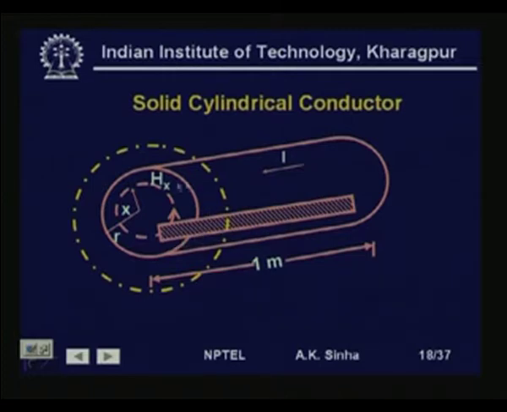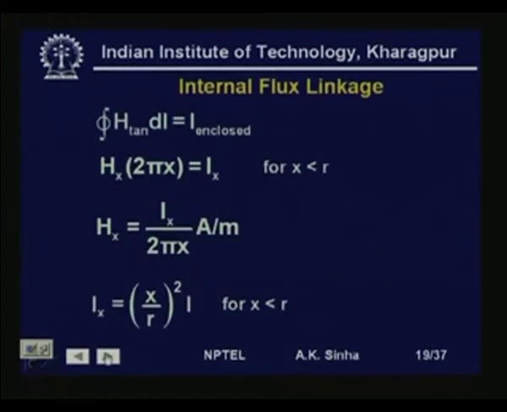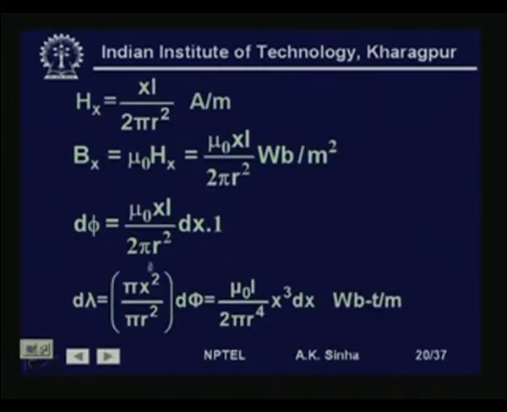Since the flux lines are concentric, and we know the flux density, the area involved for the flux lines will be dx into 1. Therefore, d phi is equal to mu 0 x into I by 2 pi r square into dx into 1, which is the area.